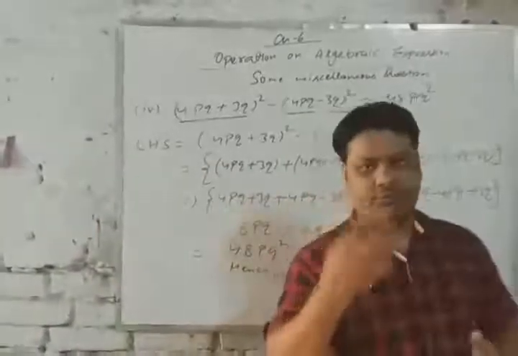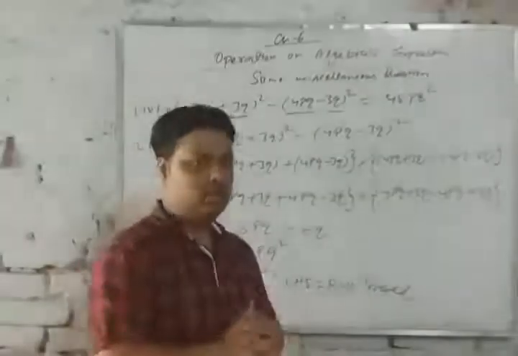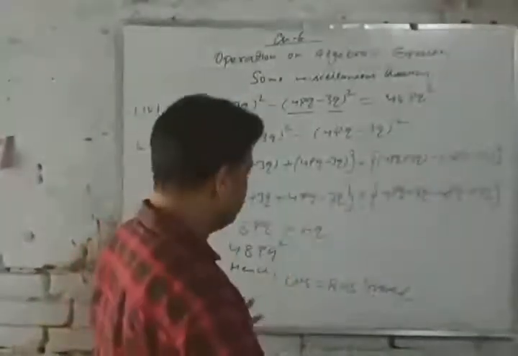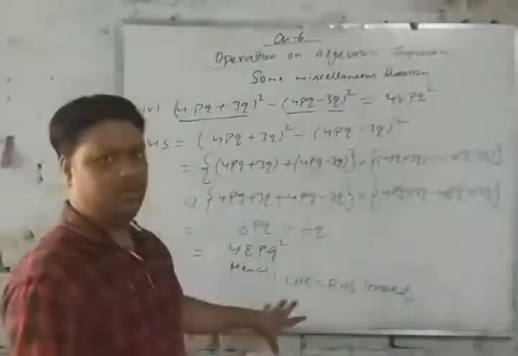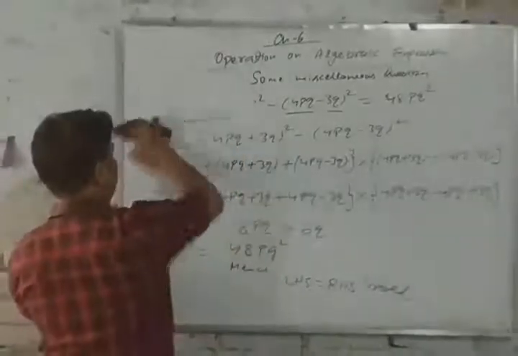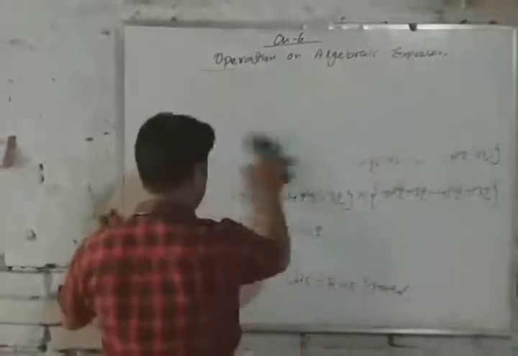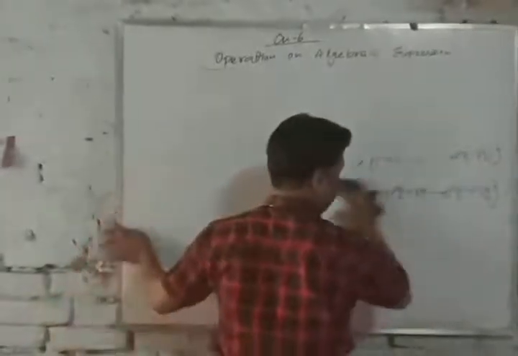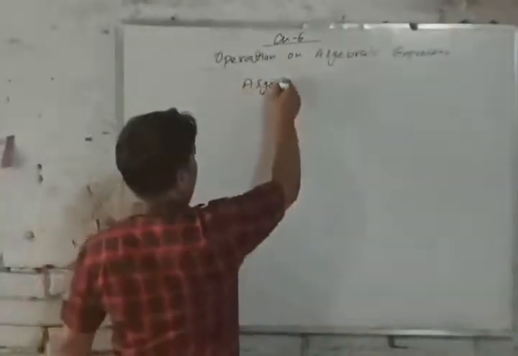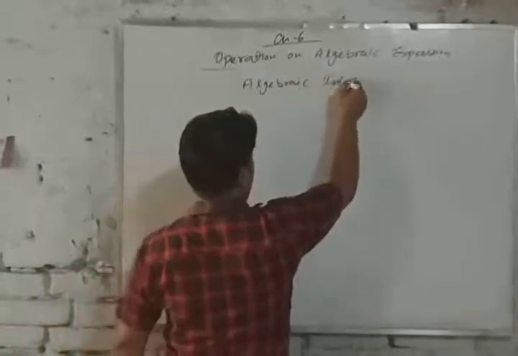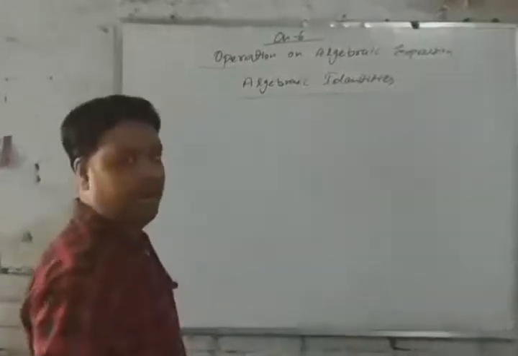In previous videos I explained 4 identities, and today we have explained again 4 identities and some miscellaneous questions also. So for the last time I am writing all the algebraic identities together here.